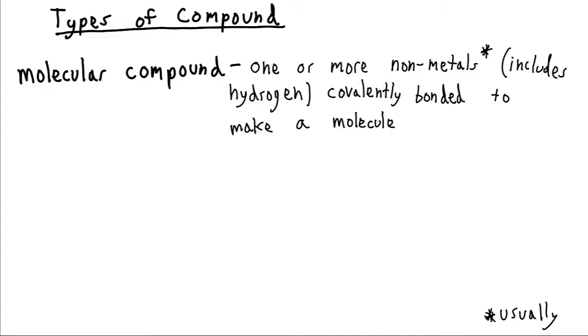These different types of bonding lead to different types of compound. So in the first case, where we have that covalent bonding, we could have what's called a molecular compound, which involves one or more nonmetals. Nonmetals, we're going to include hydrogen, which sometimes acts as a metal, sometimes acts as a nonmetal. And these are all covalently bonded together to make our molecular subunit.